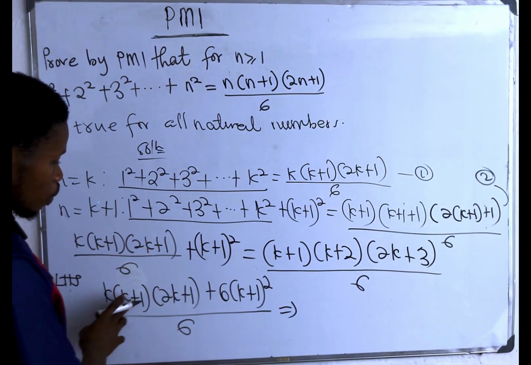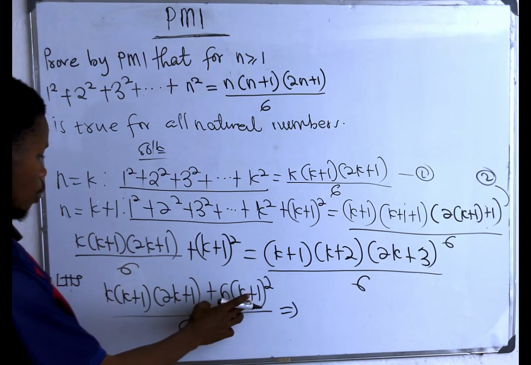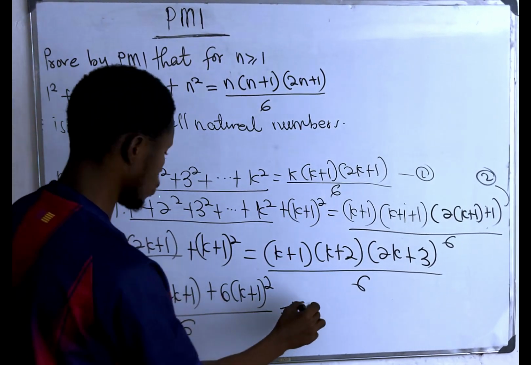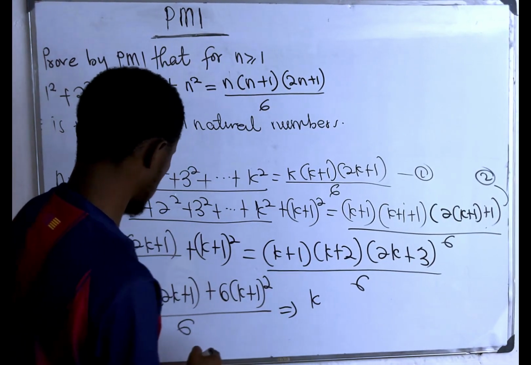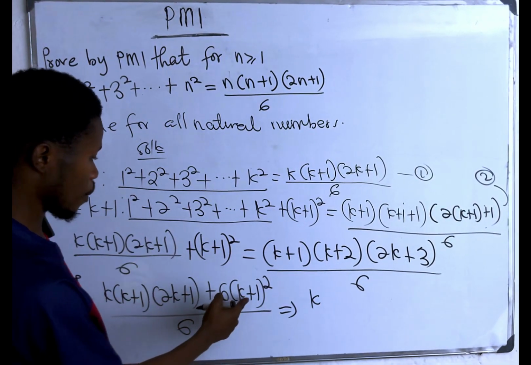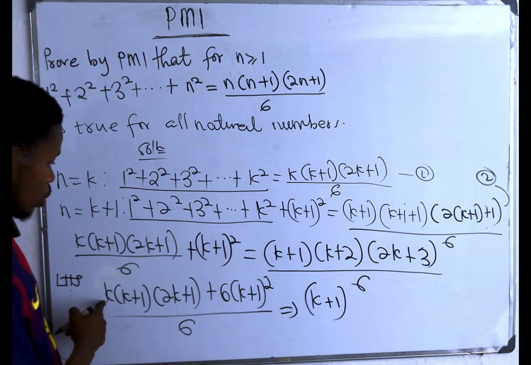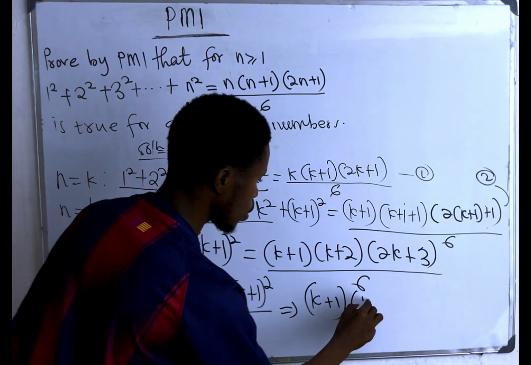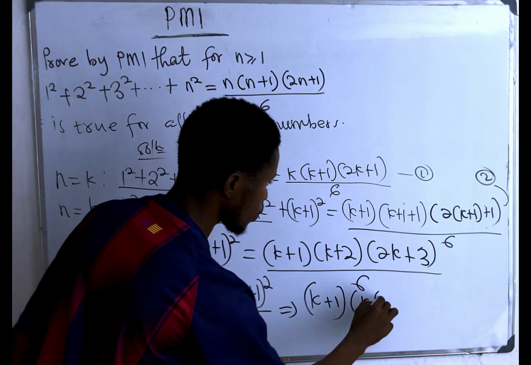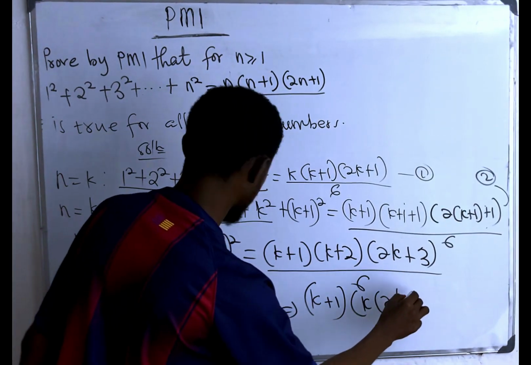So here, I have (k + 1) here. I have (k + 1) here, so I can factorize that one out. If I do that, I'll have (k + 1) out. So here, k multiplied by (2k + 1).